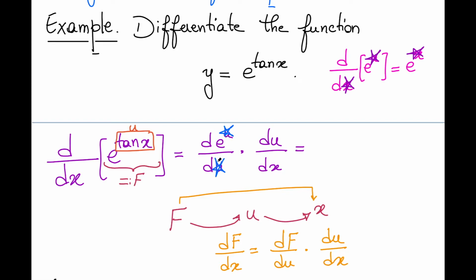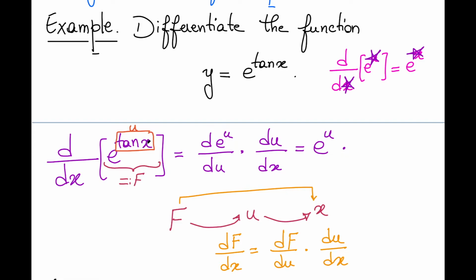Now I have it. So what can I say? The result is e to that star. And what's the star here? It's u. Make sense? So it's e to the power u, again by this result, times the derivative of u with respect to x.